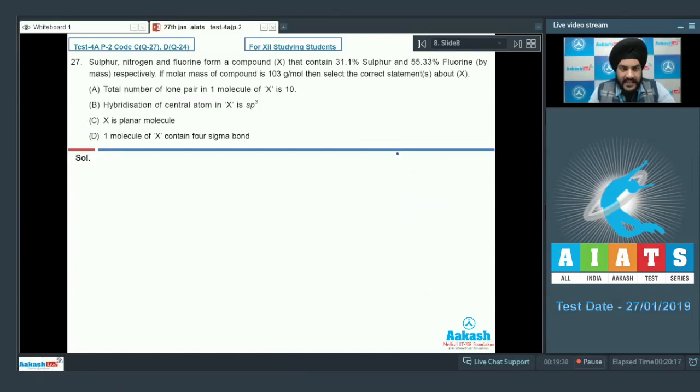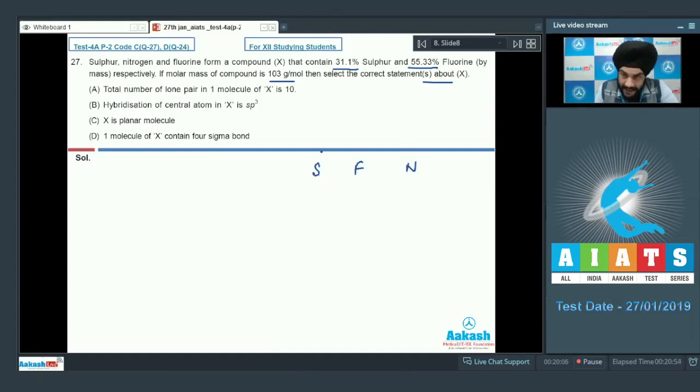Question number 27, it says sulfur, nitrogen and fluorine form a compound X which contains 31.1% sulfur, 55.33% fluorine by mass respectively. If the molar mass of the compound is 103 gram per mole, then select the correct statement about X. Students, we can figure out the empirical formula of this structure. So we have sulfur, fluorine, and then we have nitrogen.